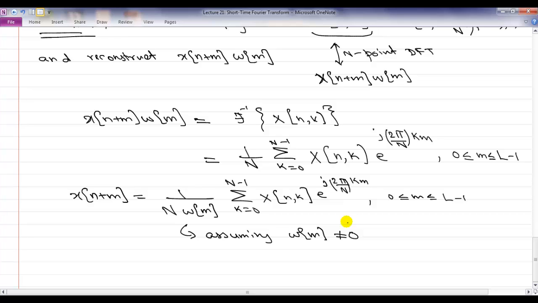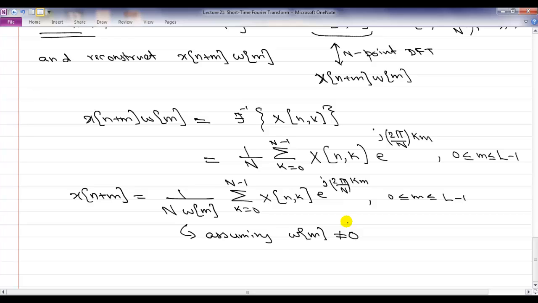Now that is just the case for sampling the frequency axis. In some cases, you may even want to sample the time axis. So even though time is discrete, if you have a signal of length, let's say 100,000, you may not want to compute the short time Fourier transform for every little n. And the question is, can we skip some values of n and still recover the original signal?